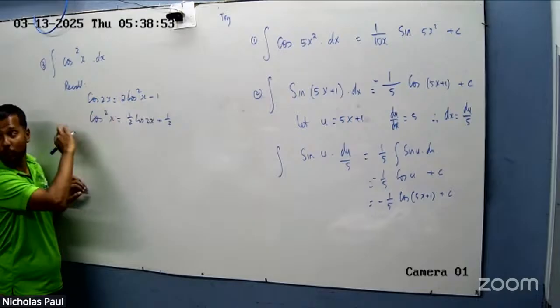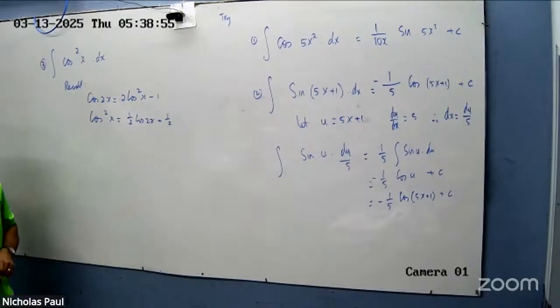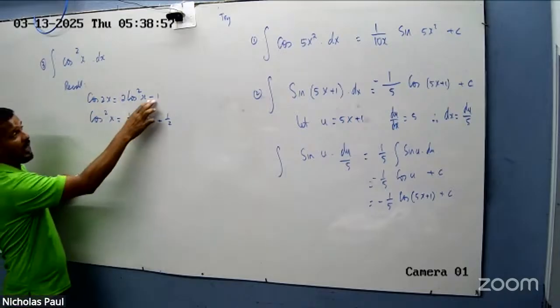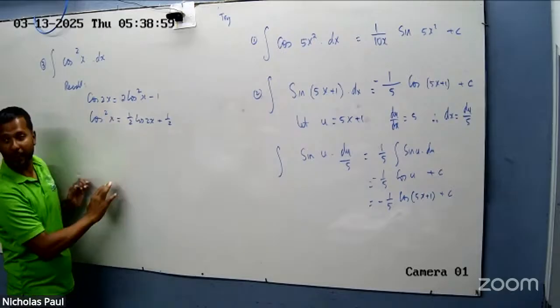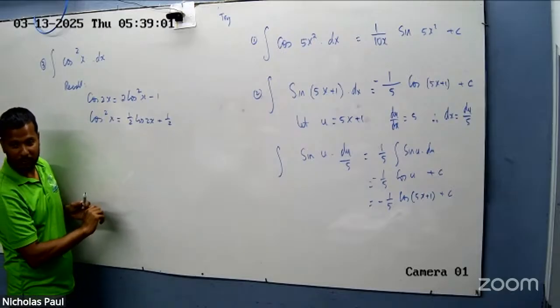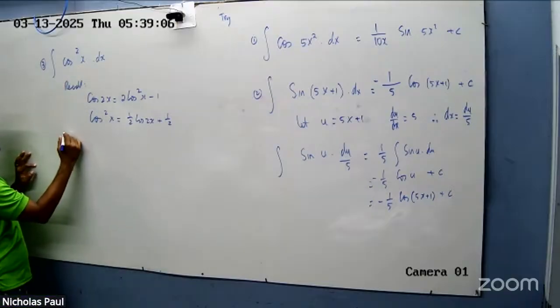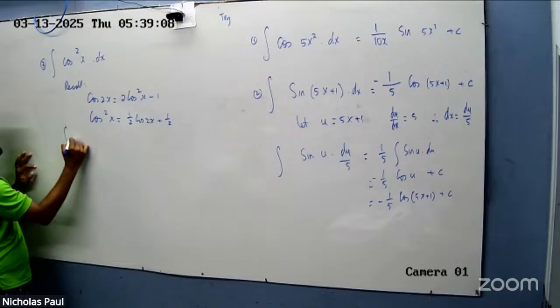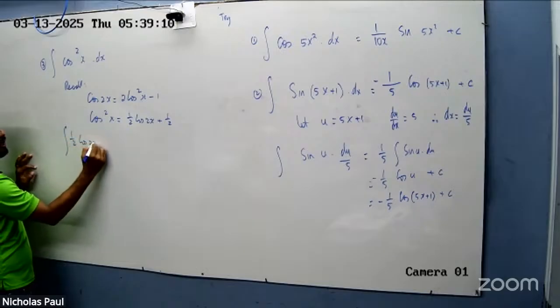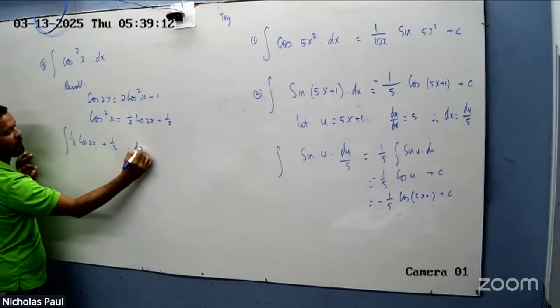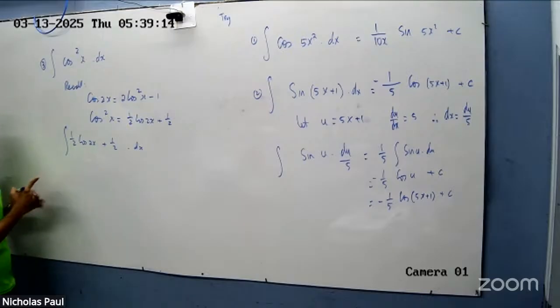Carry across the 1 and divide everything by 2. So all we have to do now is this. Instead of integrating this, we're going to integrate a half cos 2x plus a half with respect to x. It's a little bit easier.